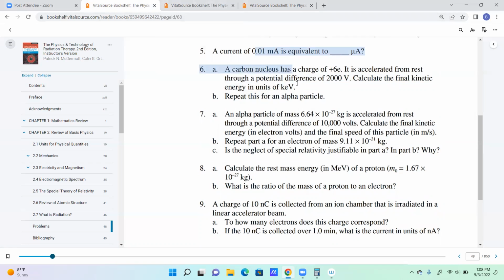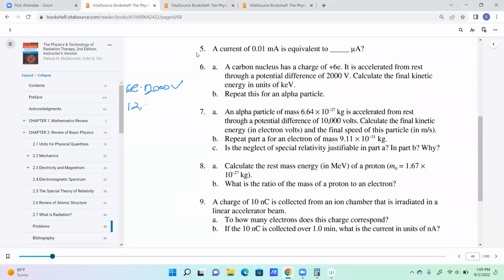Multiplying the two, we should end up with the correct answer: 6e multiplied by 2,000 volts, in electron volts.